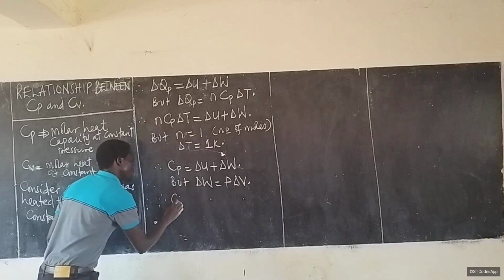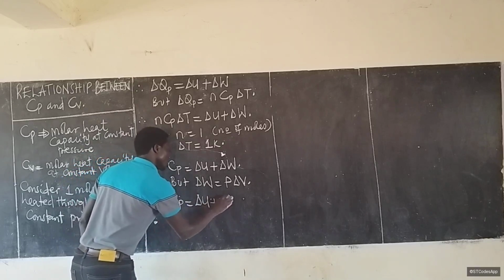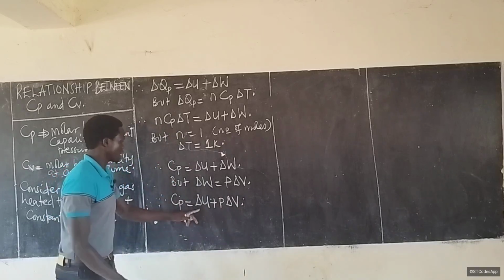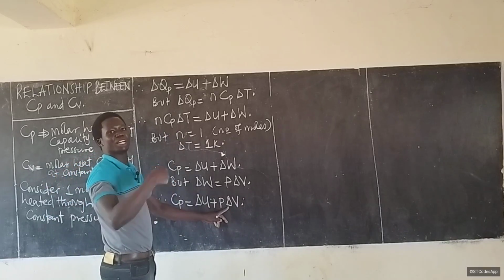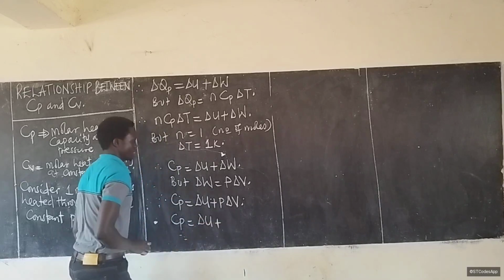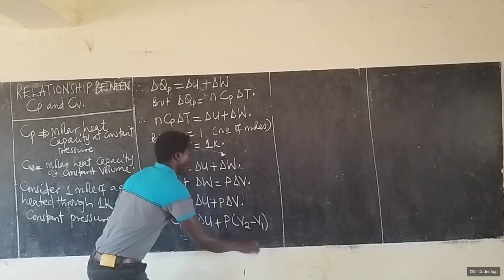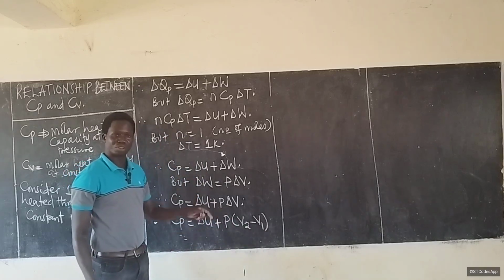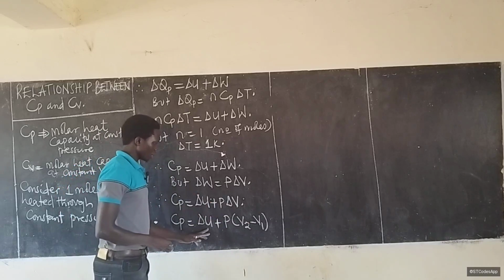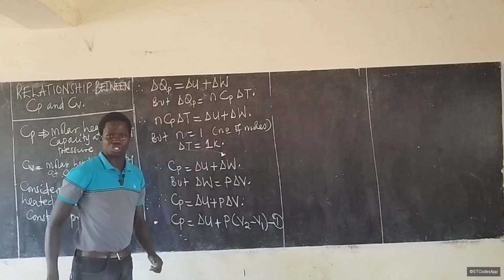So therefore, CP becomes change in U plus P change in V. This volume is changing from V1 to V2, so CP is equal to change in U plus P(V2 minus V1). A change in V would be the volume V2 minus V1. From this case, I can call this equation 1.